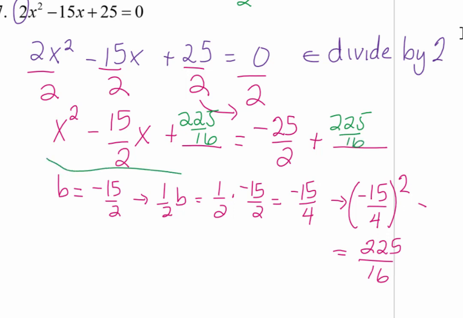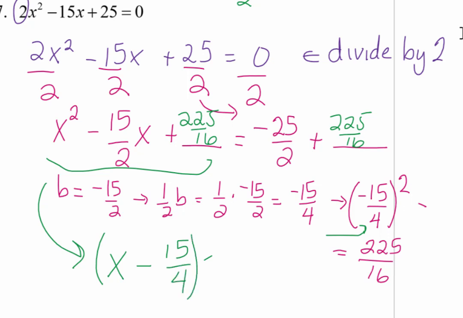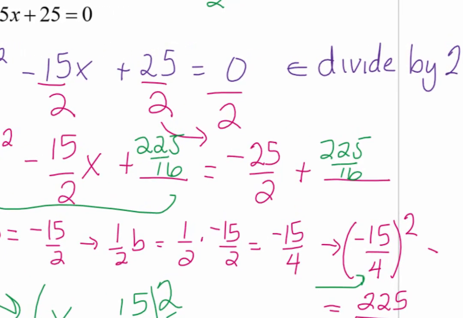Okay, let's factor this left-hand side. Remember, this is always going to be x, and then whatever you squared to get that 225 over 16, which was negative 15 fourths. So that's what goes in the parentheses, x minus 15 over 4 squared, equals, now we've got to add these two up here, negative 25 halves.